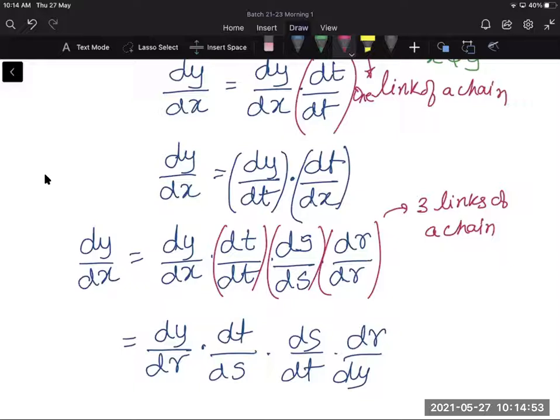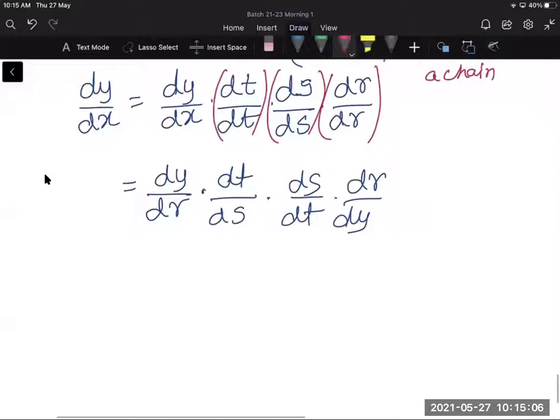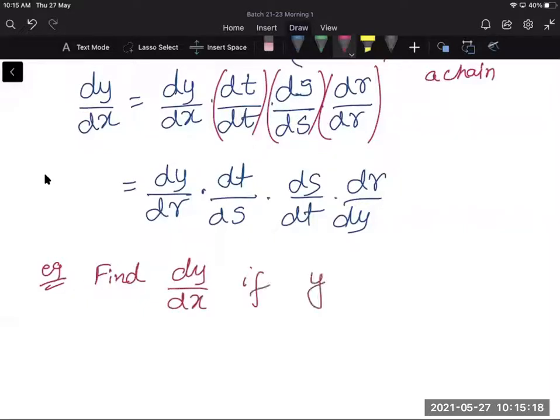So here also this question must be raised: okay, fine, I can do this, but what is the use of it? So let me tell you the use of it. Suppose I get a question like: find dy by dx if y is equal to sine of x square. Now this does not exist in our standard table of results.